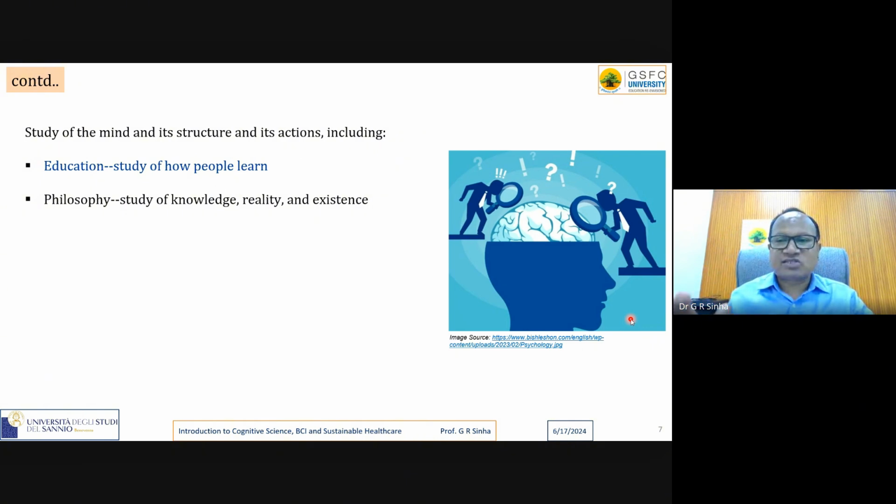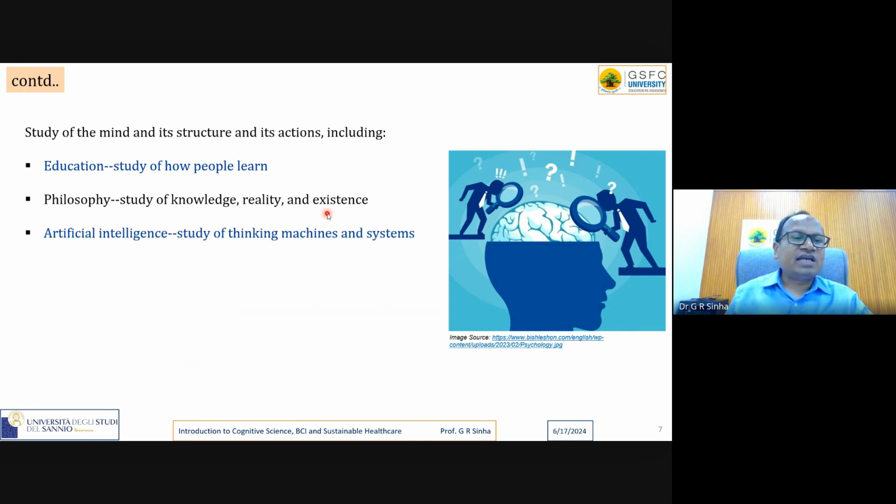The answer is yes. Philosophy. What is philosophy? You have seen it in the previous slide. Philosophy is an important branch of cognitive science. Philosophy is the study of knowledge, reality, and existence. And then AI, the study of thinking machines and systems. Psychology is the study of behavior and the mind.